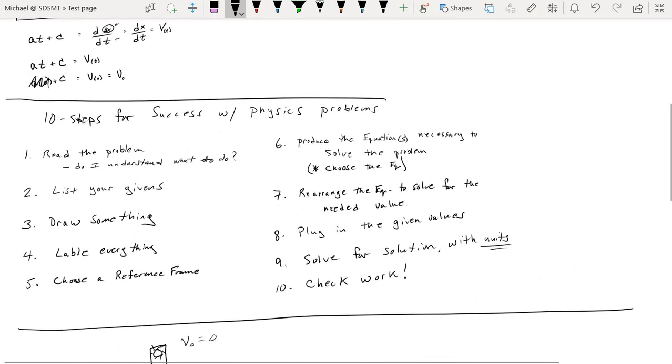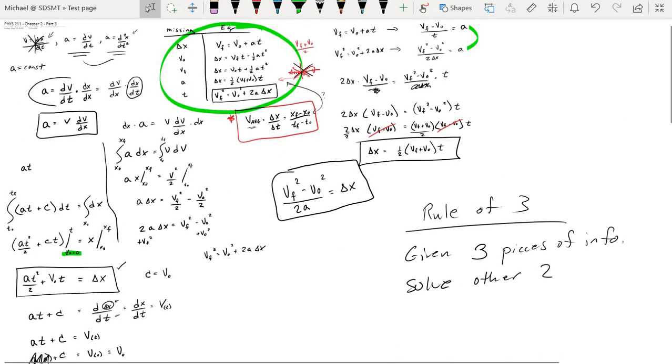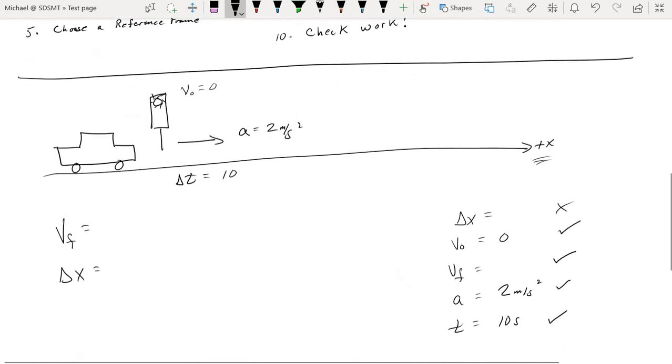So we go up to our list of equations, and which equation leaves out delta x? Well, very quickly we can look at our missing column, and the equation that is missing delta x, that is the first equation. So I'm going to grab that first equation, and as it turns out, it's already set up to be solved for v final.